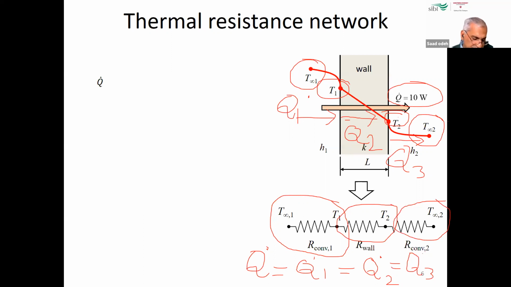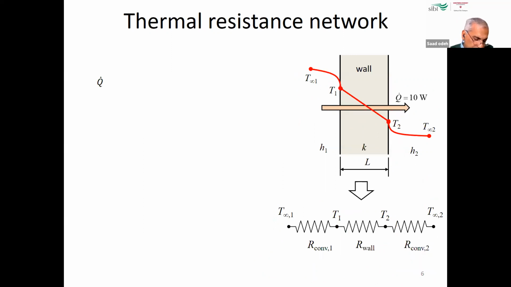So we have 3 resistances here: R1 by convection, R2 by conduction in the wall, and R3 by convection again from the wall to the outside air.